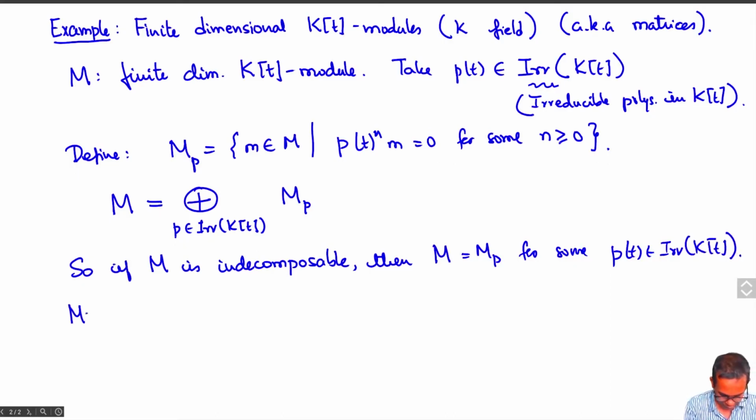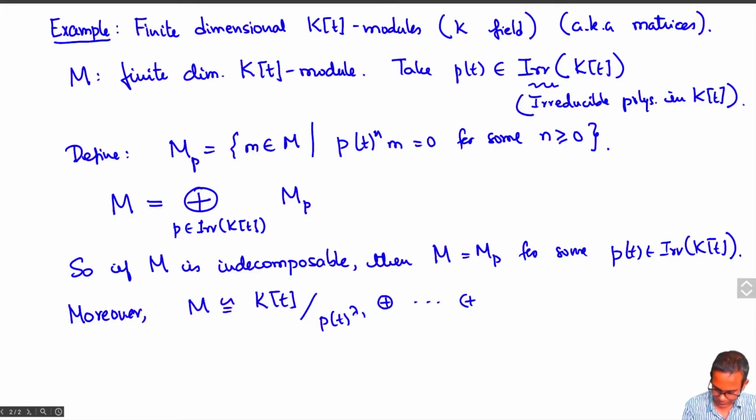Moreover, by the structure theorem, M is isomorphic to K[t] mod p(t) to the lambda 1 plus and so on, K[t] mod p(t) to the lambda L. And again here we have 0 less than lambda 1 less than or equal to lambda 2 less than or equal to lambda L.